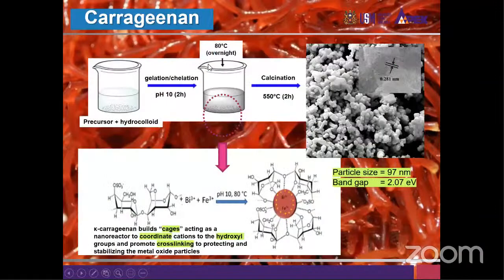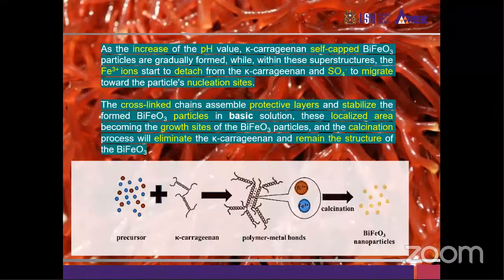We can see that it is at pH 10. As the pH value increases, kappa carrageenan will self-cap the bismuth ferrite, while within the superstructure the iron 3+ will start to detach from the kappa carrageenan sulfate and migrate towards the particle nucleation sites.